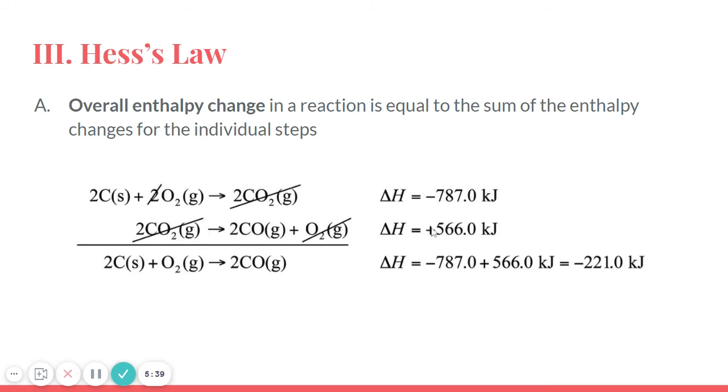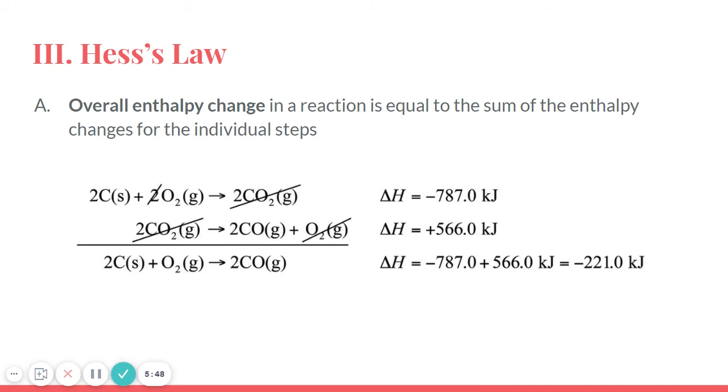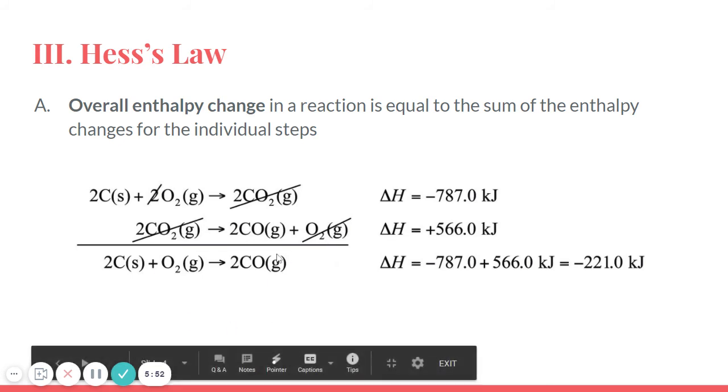So this one was probably originally negative and we flipped it so it became positive. We added them together. We got our final formation reaction and we figured out our enthalpy. You guys are not going to have to do this part. I just wanted to show you an example, so if you ever see it again, it's not going to be too unfamiliar. But again, enthalpy is products minus reactants, trying to determine the overall change in energy.